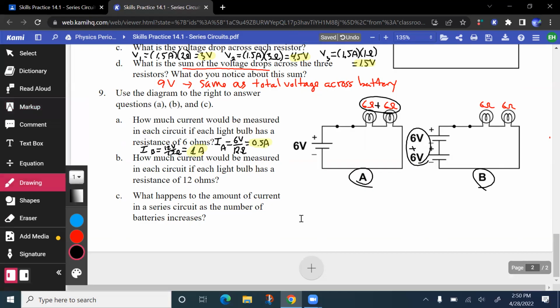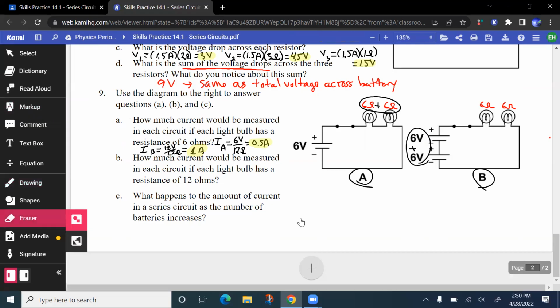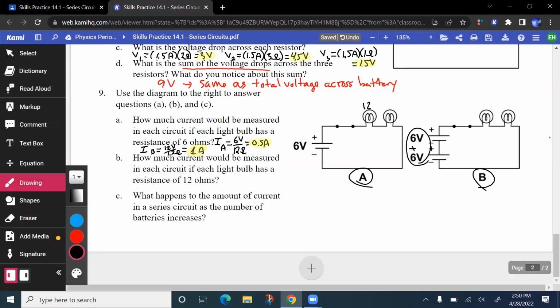Okay. Now part B, how much current would be measured if each light bulb had a resistance of 12 ohms? All right, so now each bulb measures 12 ohms. Right, add them together, you have a new total resistance.